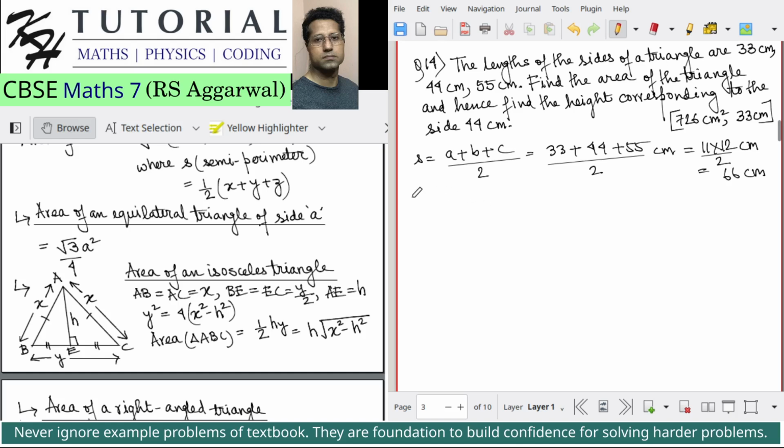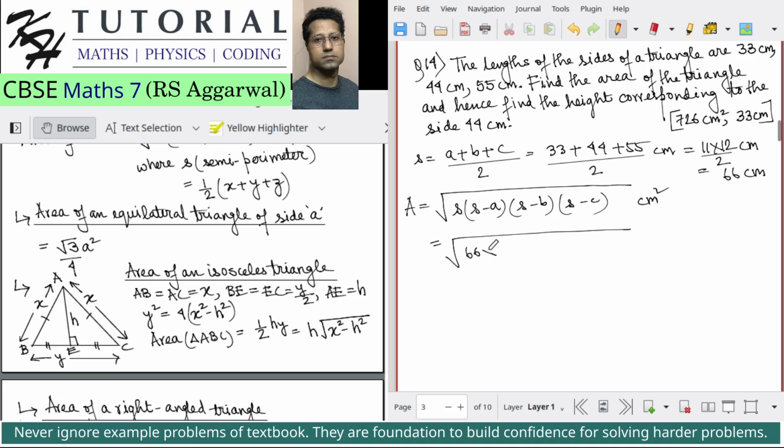Okay, so now the area will be equal to square root of s multiplied by s minus a multiplied by s minus b multiplied by s minus c, this much centimeter square. So this is equal to s is 66 multiplied by 66 minus 33 multiplied by 66 minus 44 multiplied by 66 minus 55, this much centimeter square.